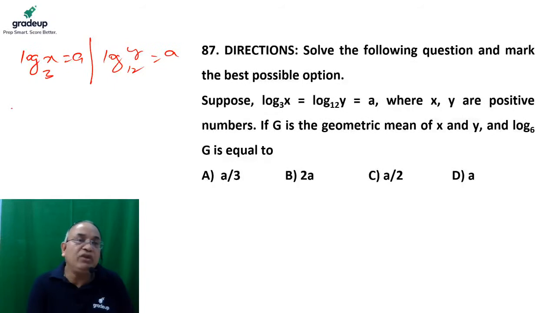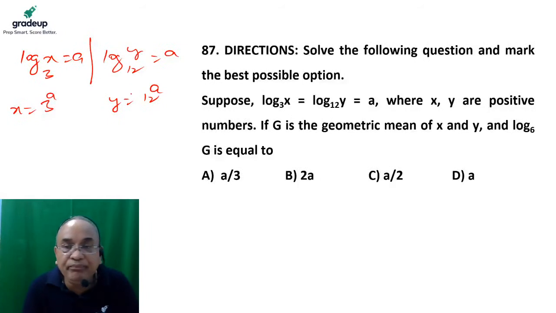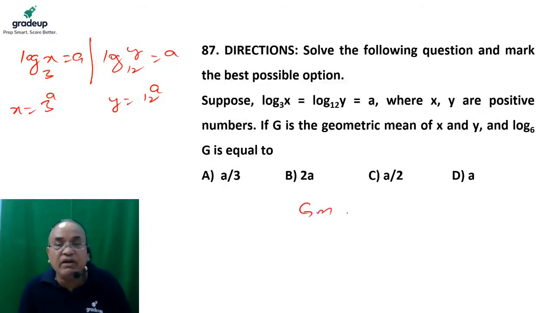Okay. So as we know, x is nothing but what? 3 to the power a. Everybody knows that 3 to the power a is equal to x, and y is equal to 12 to the power a. It is given g is the geometric mean of x and y. So everybody knows geometric mean g is nothing but what? Root xy. What is the value of x? x is nothing but 3 to the power a.